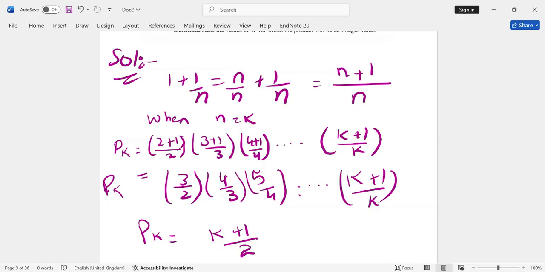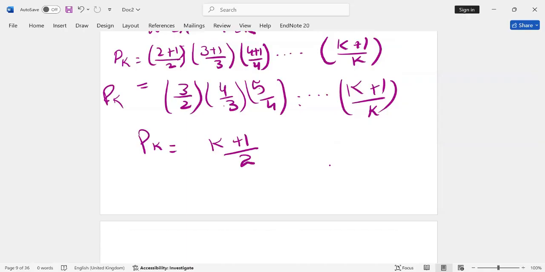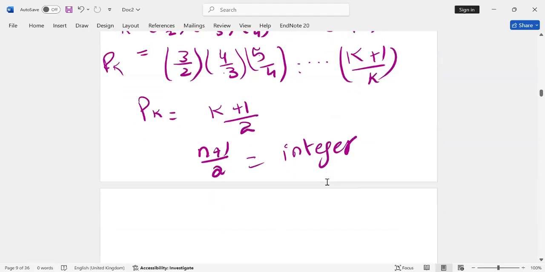The question asks for all values of n for which the product will be an integer value. The last factor in the product is 1 + 1/n, so the final value is (n + 1)/2. The condition is that (n + 1)/2 is an integer.